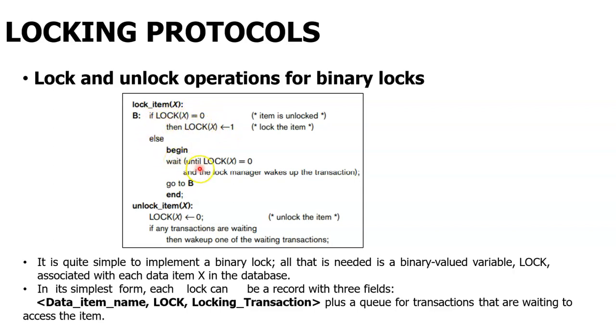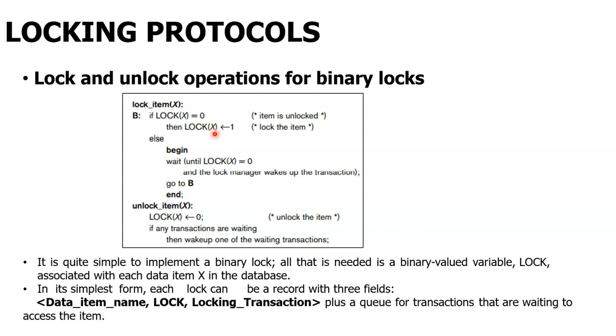The next people have to wait until the lock of x is equal to 0. Until then the other people will be waiting. This is how this process will work: else begin wait. If the lock is equal to 0, you'll make the lock 1 and start your transaction, else you will begin wait.